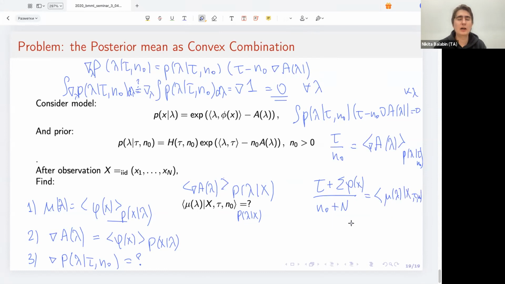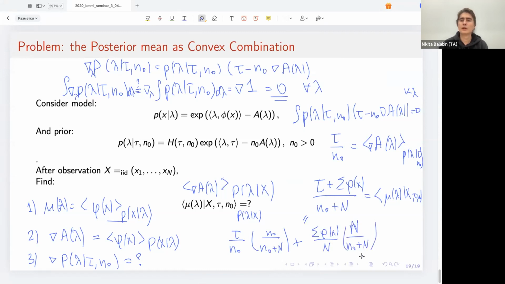Our aim was to prove the convex combination. We can decompose it and see tau divided by n sub 0, here we have n, and here we have such a term.